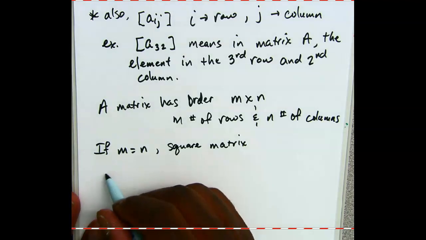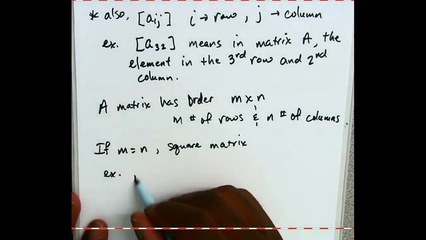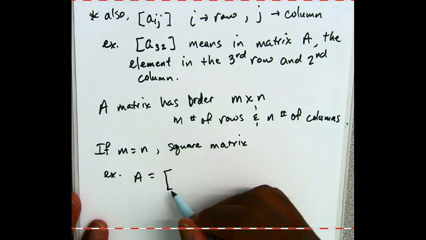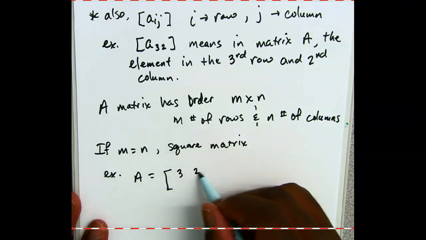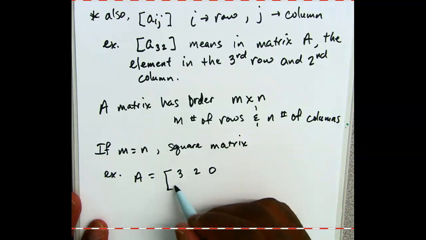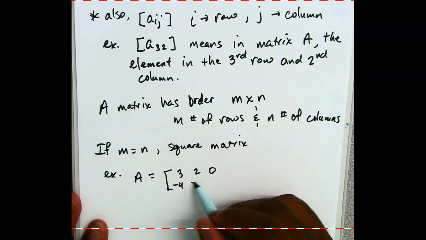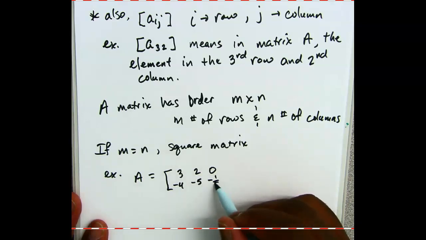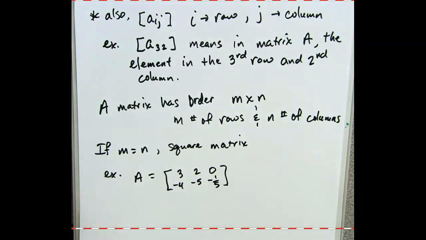So let's say we have this example. Matrix A is equal to 3, 2, 0, negative 4, negative 5, and negative 1 over 5. So what's the order of this matrix?